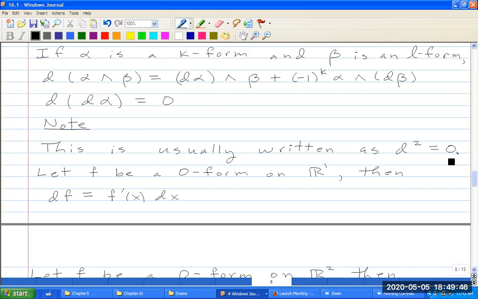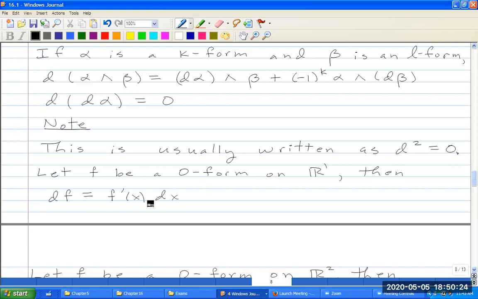So let's look at some examples. The exterior derivative is, well, df. Let f be a 0-form on R^1. So let's look at df. If f is a 0-form, then the exterior derivative of this 0-form on R^1 is just the regular derivative of f at x times dx.